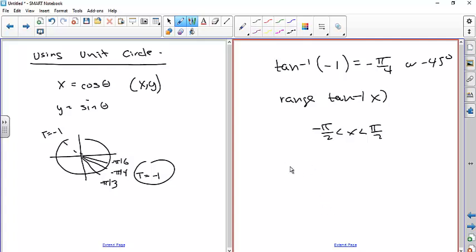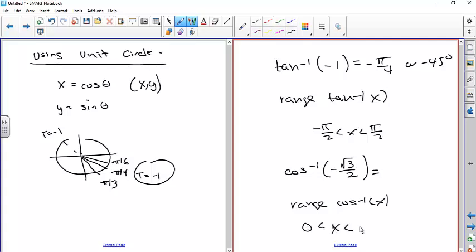Now with the cosine, if I say what's the inverse cosine of negative the square root of 3 over 2, remember the range of the inverse cosine function is from 0 to pi. So it's going to be in the second and third quadrants.